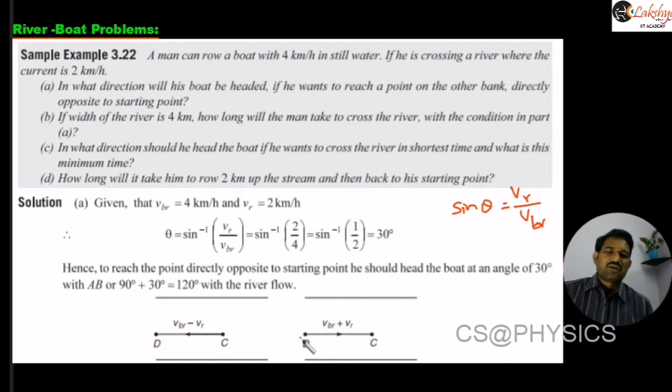And when he is traveling down the stream, the resultant velocity will be VBR plus VR. So these are the resultant velocities: this is the case when he is traveling up the stream, and this is the case when he is traveling down the stream.